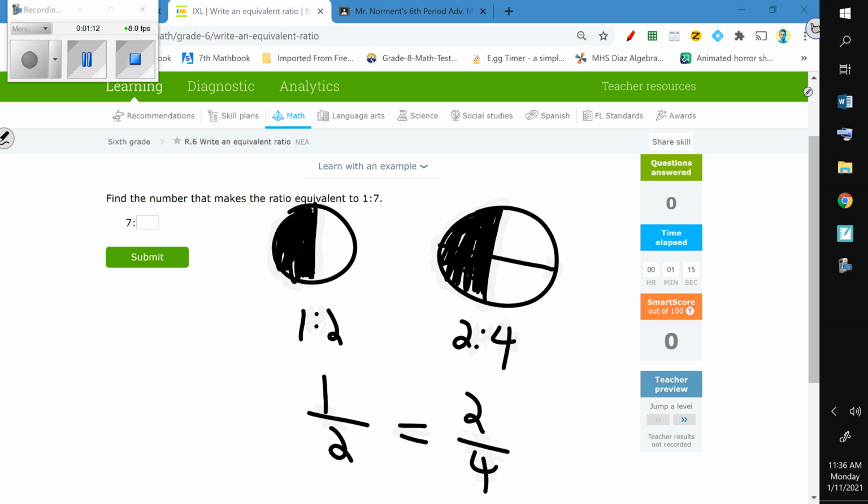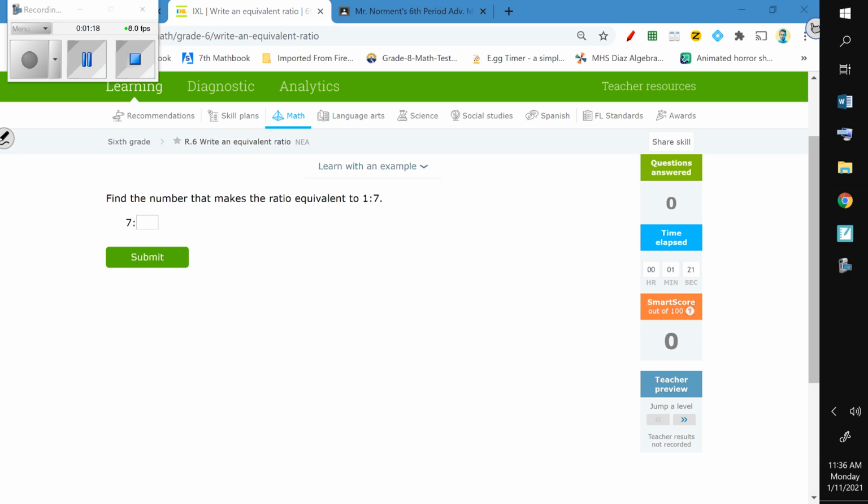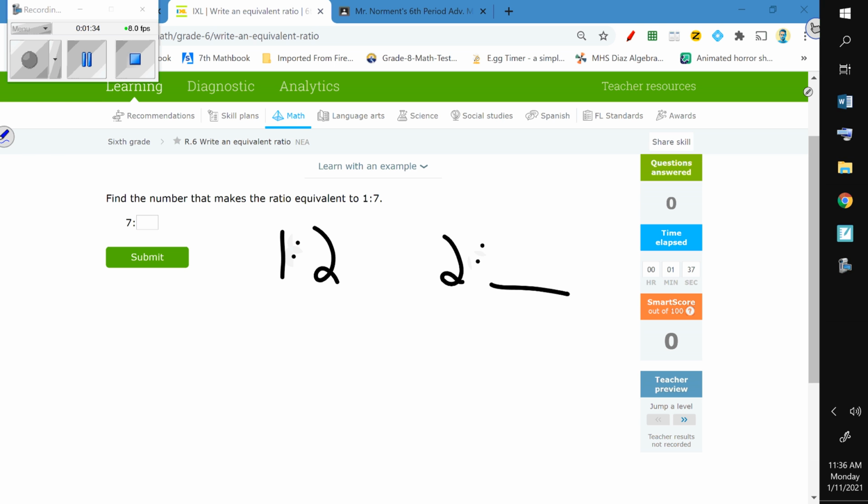So they're going to give us two ratios, and we need to find the value that makes them equivalent. For example, in the one I just did, they would start like this. This is how I teach this.